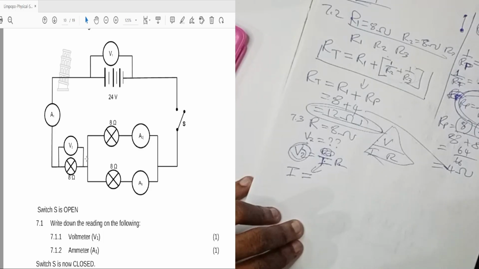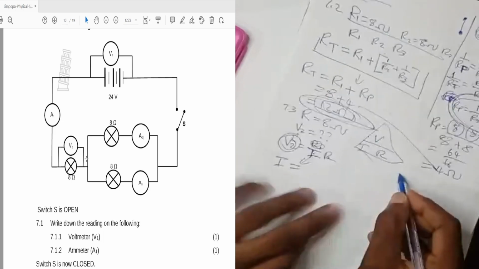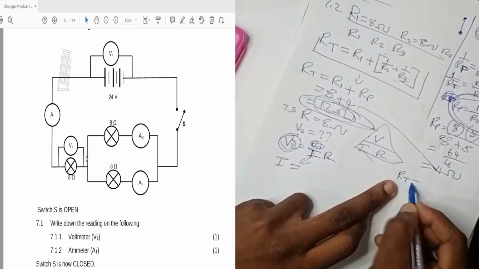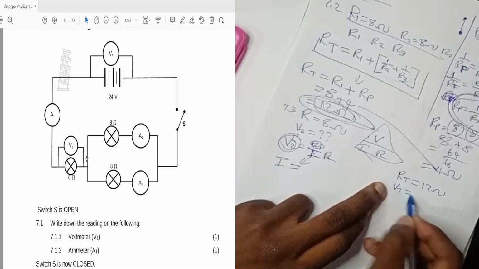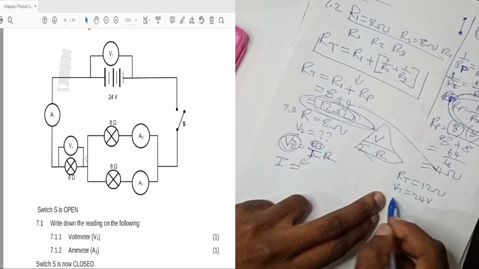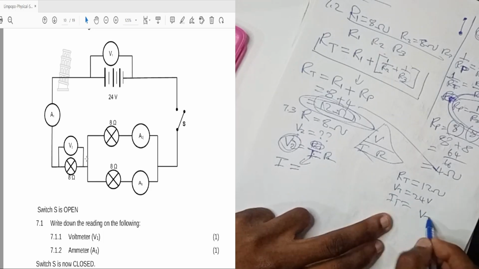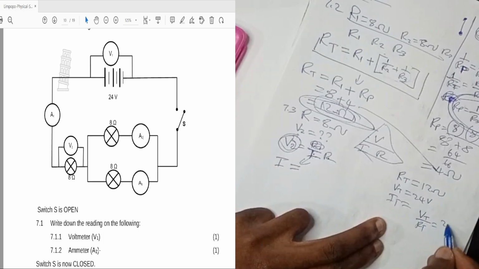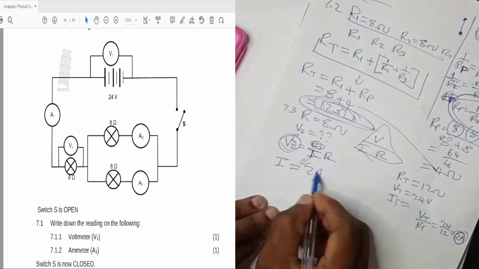But now since we have RT, the total resistance, equal to 12 ohms, and VT equal to 24 volts, what will be IT? IT is VT divided by RT, which is 24 divided by 12, which is 2 amperes. So the total current in this circuit is 2 amperes.